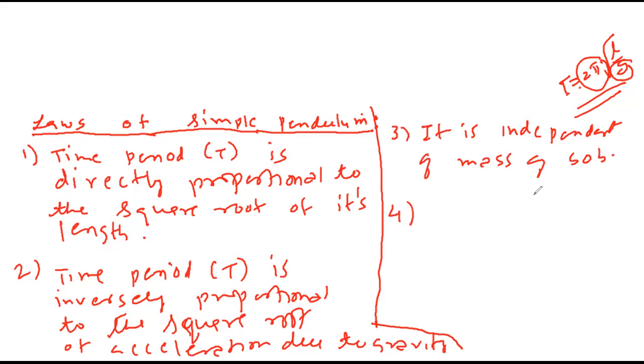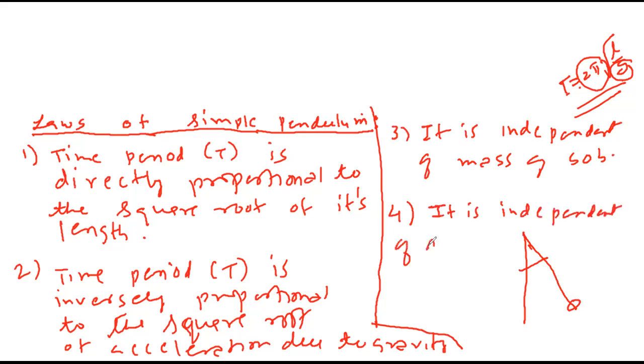Does it depend upon amplitude? That means if I displace it by 10 degrees, 20 degrees, 30 degrees, does it depend upon that? No. So we can say it is independent of amplitude of oscillation.